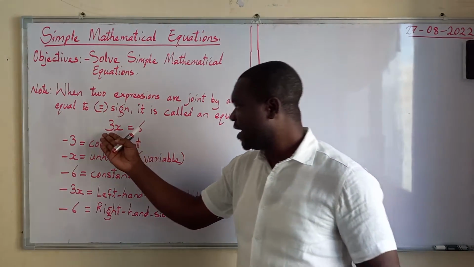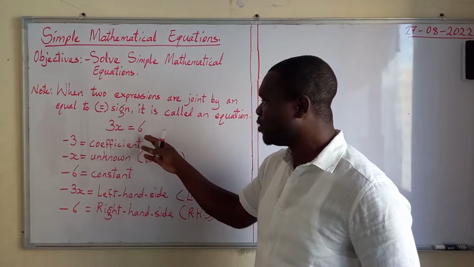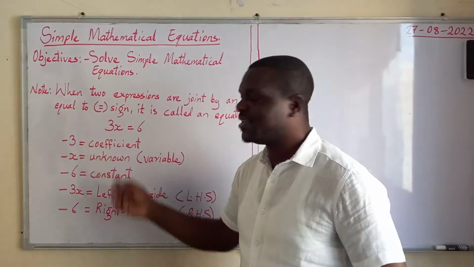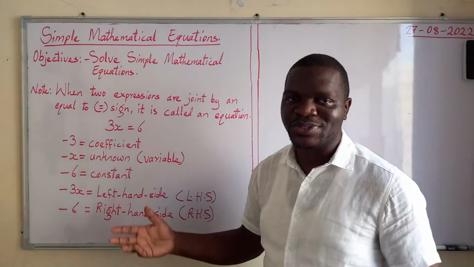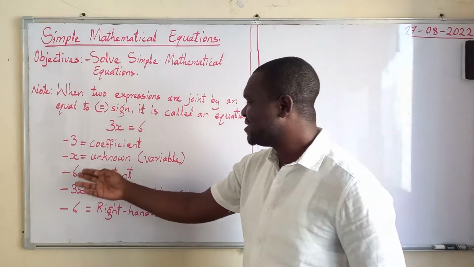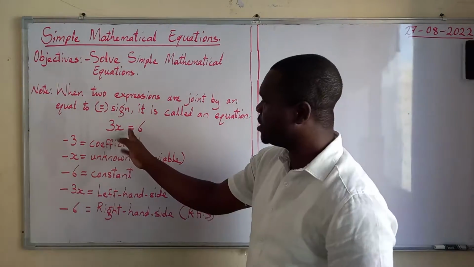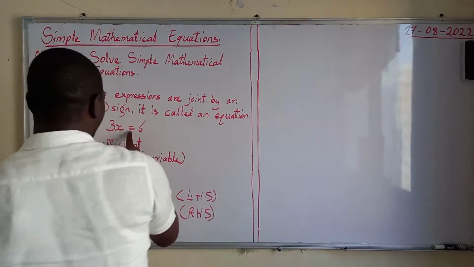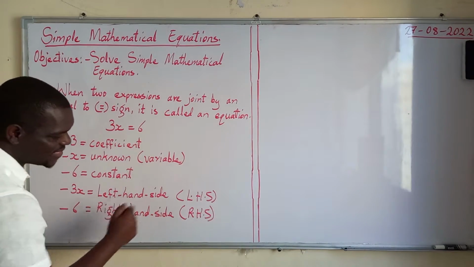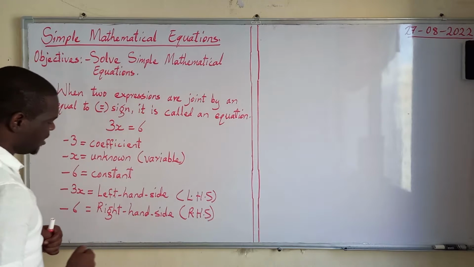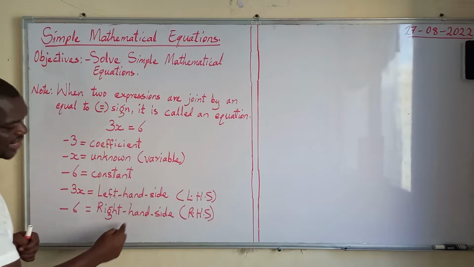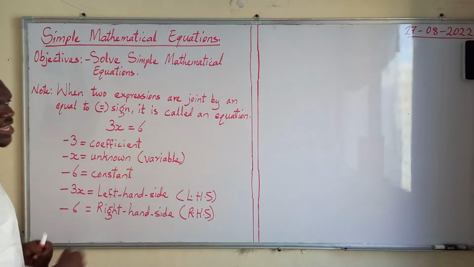First, if you have an equation such as 3x is equal to 6, 3 stands for what we call the coefficient. x is the unknown, or we call it the variable. 6 is the constant. This side of the equal to sign, we call the left-hand side, LHS. And after the equal sign, this right hand, we call the right-hand side, RHS.